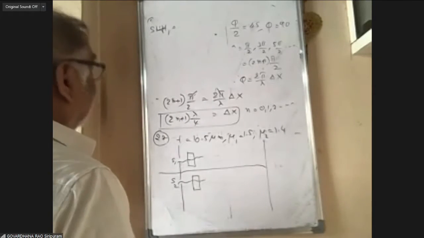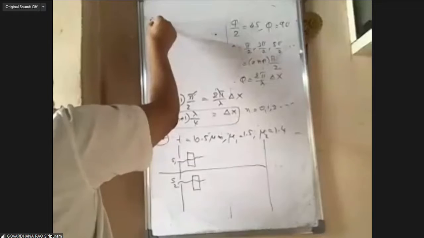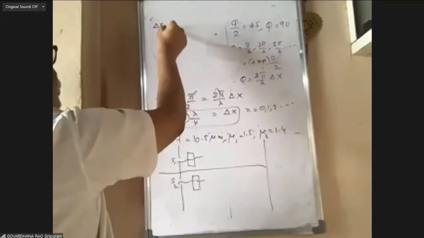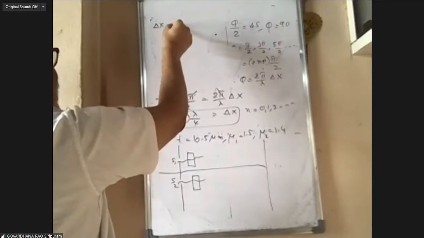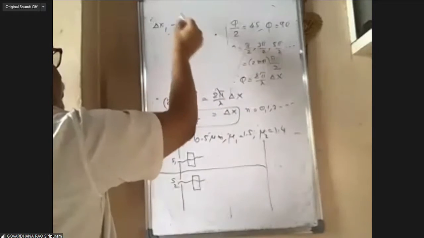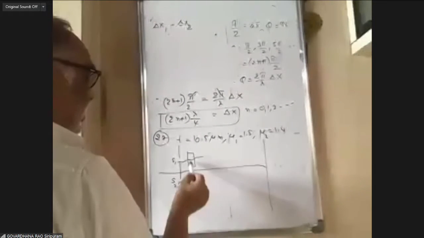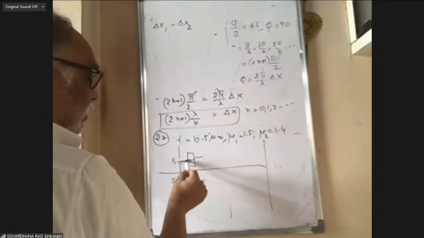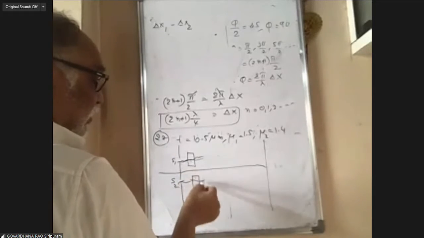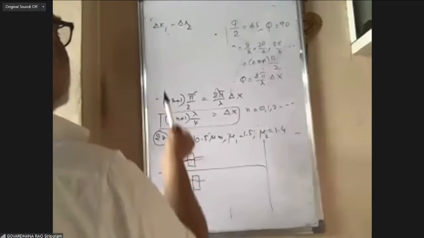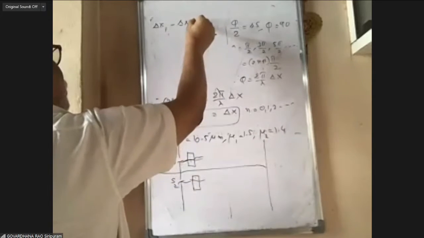What is the path difference? The path difference due to the first slit minus the path difference due to the second slit. Both mica sheets will introduce path difference. So the difference of the path differences should be equal to zero.